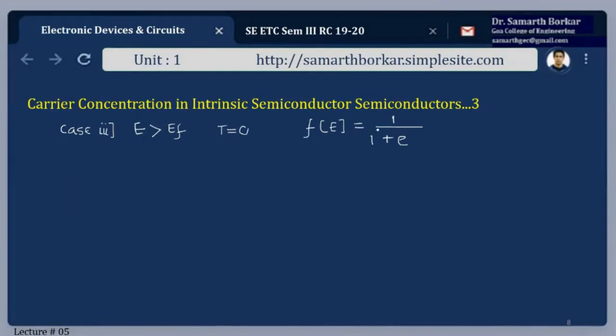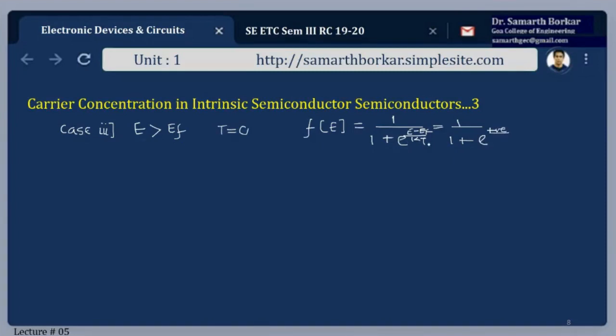See, I'll just write the equation. e raised to (E minus EF) by KT. This is the expression, okay? Now, here E is greater than EF, a higher value as compared to EF. So this will return me a value 1 upon 1 plus e raised to some positive value.